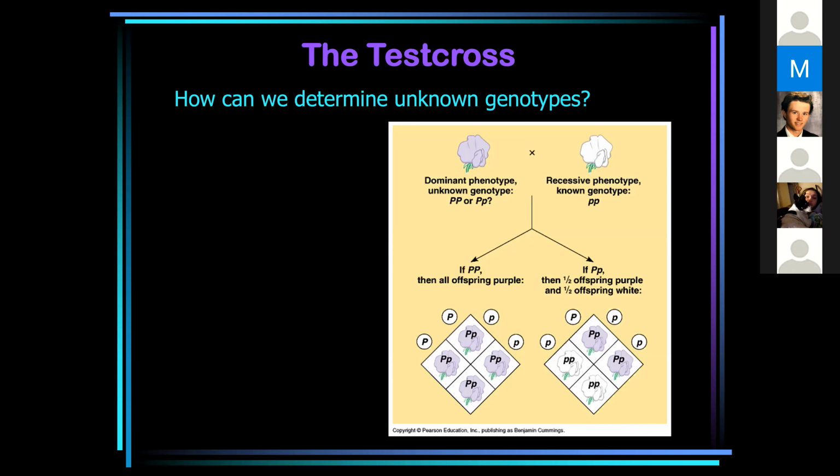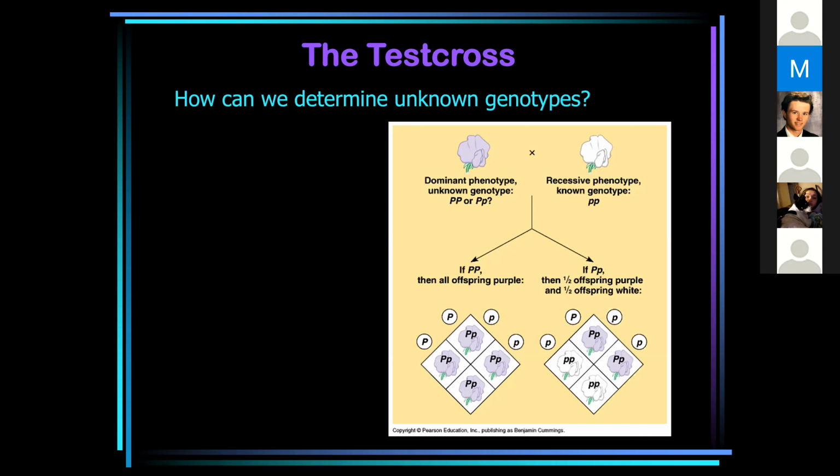So if you want to know what the genotype of the purple flowered plant is, cross it to the white plant. In which case, if the purple plant is big P, big P, in other words, homozygous dominant, you're going to get an F1 that is all purple, because they'll all be heterozygous at the P locus.